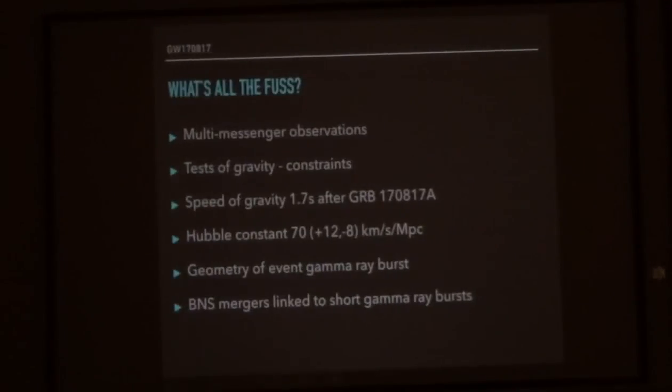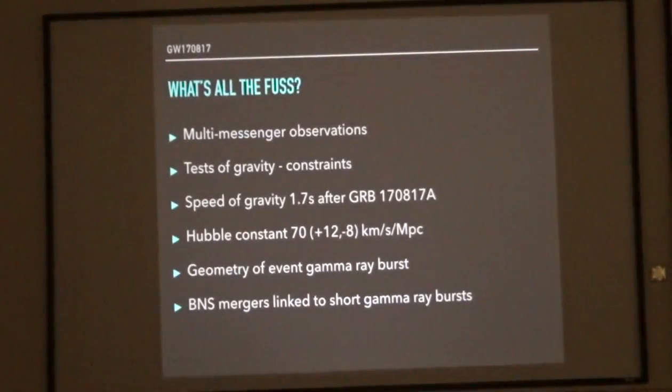So what's really all the fuss about? Well, this is the second multi-messenger observation that we've ever had. Does anybody know what the first one was? Wow. Supernova 1987A, okay, when there was a neutrino event with it.